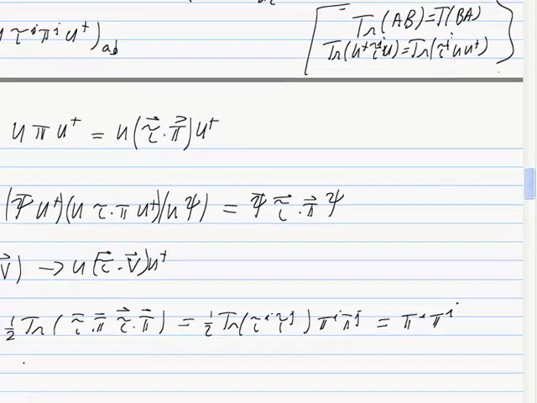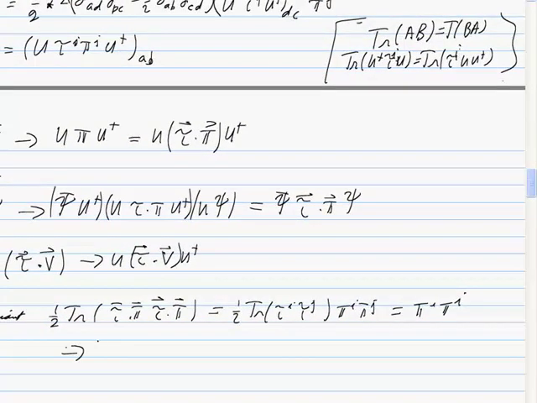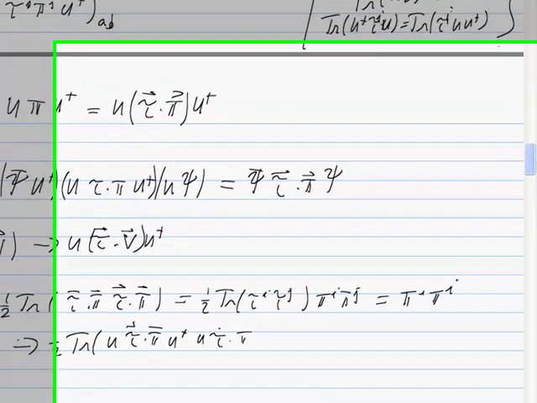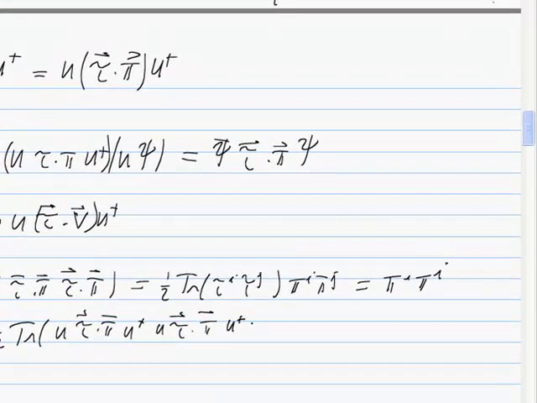But that's an invariant because that transforms to 1/2 trace U tau dot pi U dagger U tau dot pi U dagger. So you can use this matrix notation. Then the U's disappear by properties of the traces. It's the same thing that we started with.